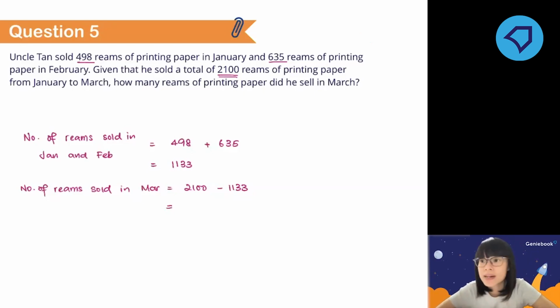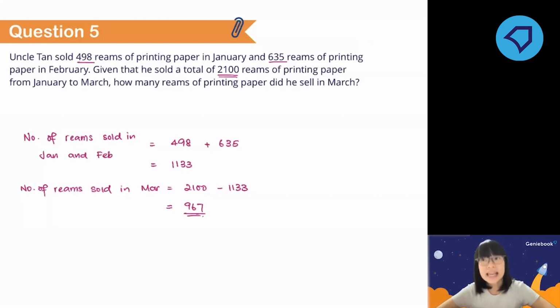Can you give me the final answer? 967. Excellent job, 967. So 2,100 minus 1,133, you will get 967. Okay, well done to those of you who keyed in the correct answer.